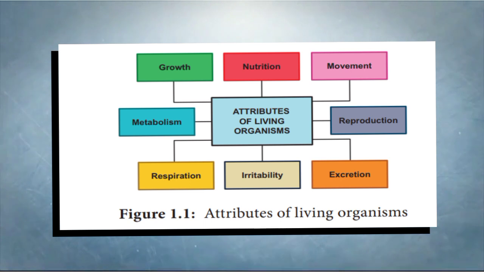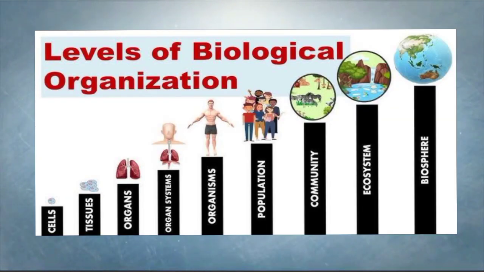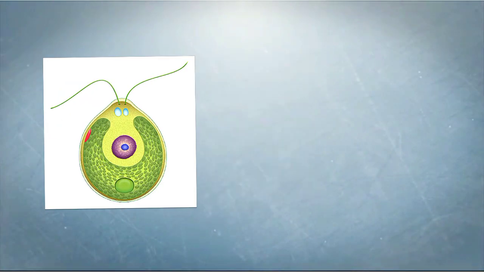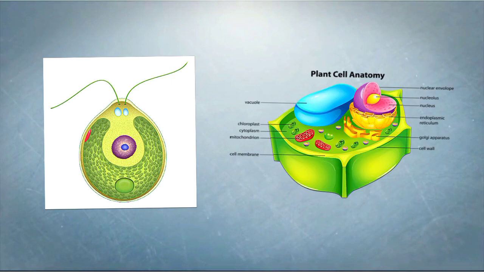We went further to look at levels of organization, which include the cell, the tissue, the organ, and the system. We did explain that a living cell, even a single cell, can carry out all life activities, including movement, respiration, nutrition, irritability, reproduction, growth, and all other characteristics of a living thing.